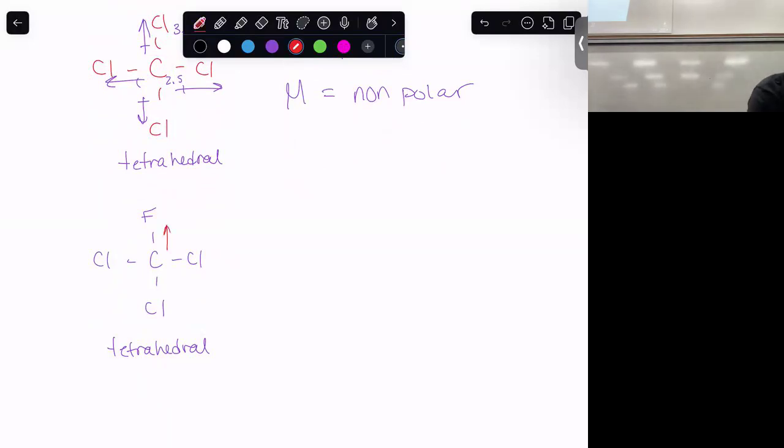Yep, they're all facing away from the center. So what are our bonds? They're polar. What about our molecule now? It would be polar, right? We've thrown off the symmetry. Something does not look like the others. So we no longer are having canceling out vectors, right?